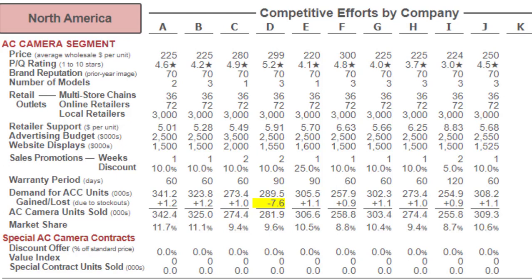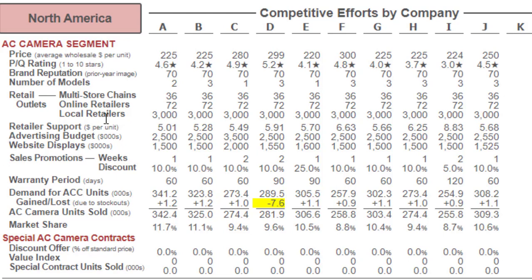So what I do is, okay, let me find somebody else with a similar image rating, and the closest one would be H, even though H is a little bit higher, and they're selling for 225. So if you notice, of course, H has a higher market share than I, because they're only $1 more, but they're 0.7 PQ rating higher. So that's where you want to really start analyzing the data.